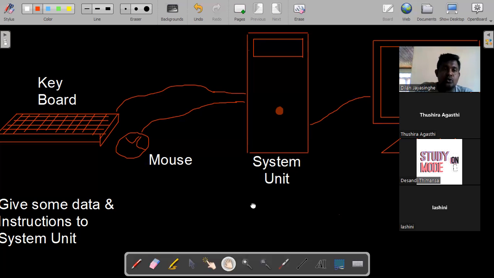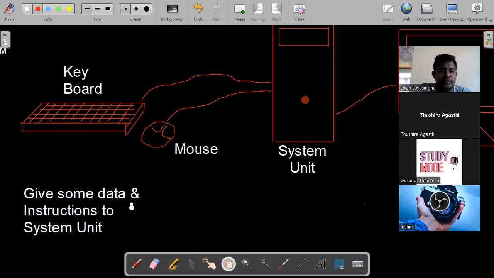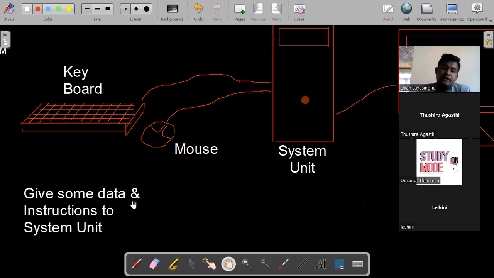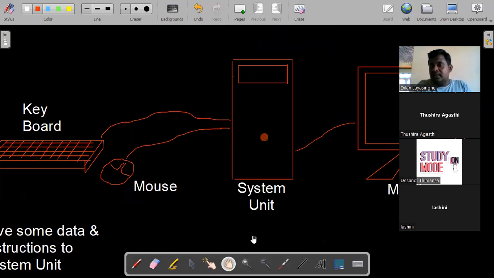Right. So by keyboard and mouse, we are giving some data and instructions to the system unit. Giving some data and instructions. To give, this is not a human, right?